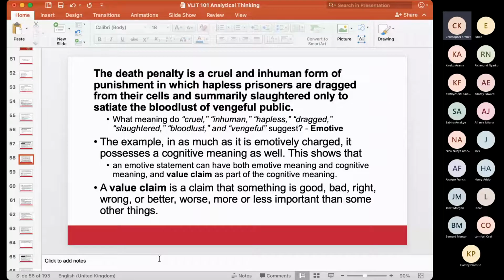Bloodlust can even bring images of personalities who were fond of feasting on human beings, human bodies, human flesh. Then vengeful. All of these suggest very negative terms, and they are emotional.